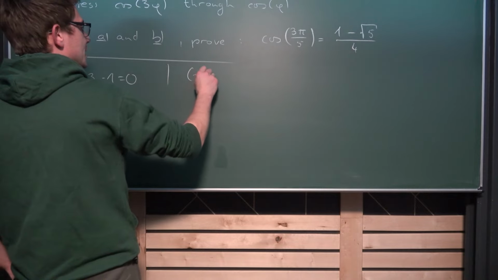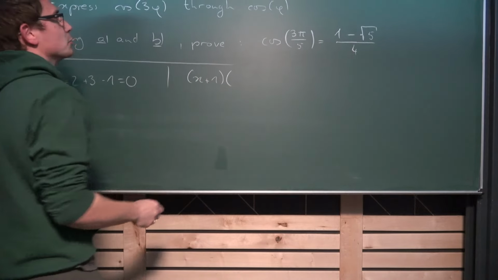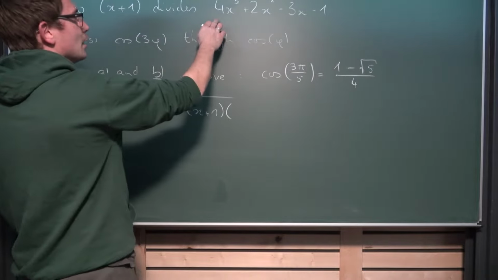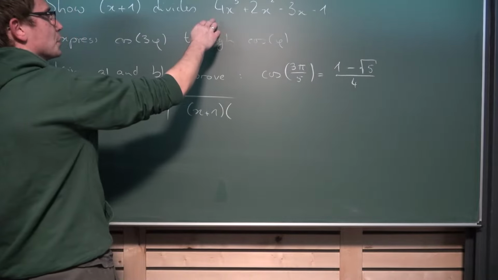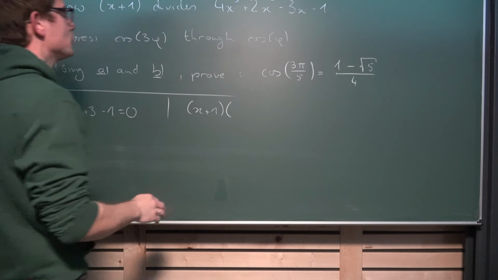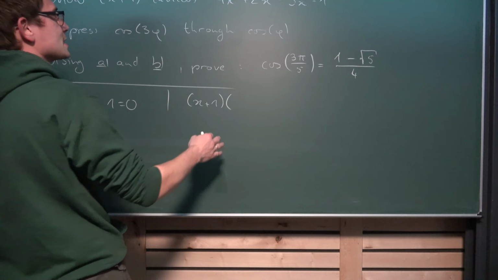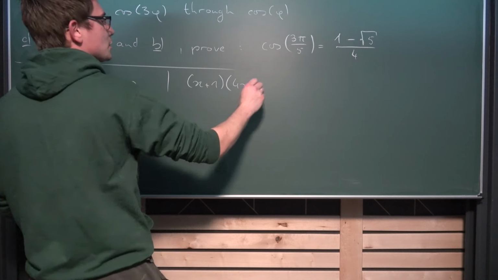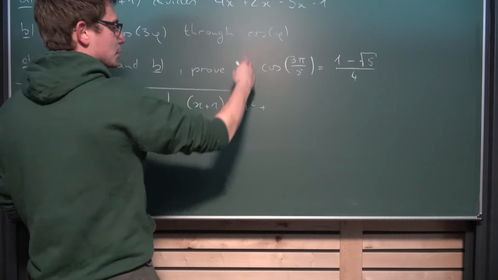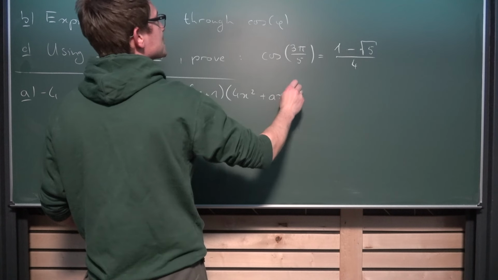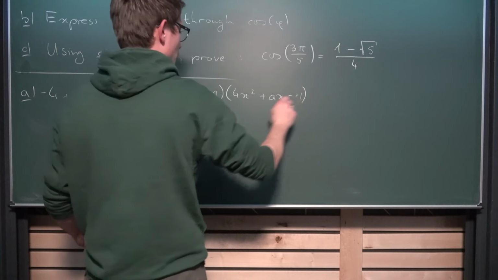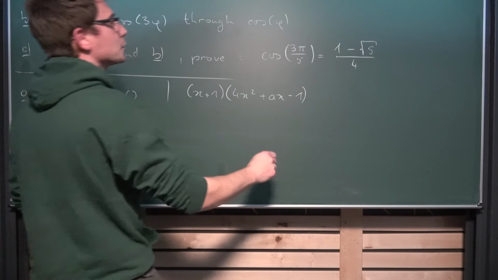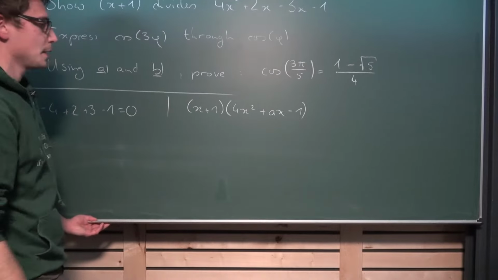So we are going to take x plus 1 and multiply it by a remainder polynomial, which we want to find out what it is, under the condition that it doesn't have a remainder, but if it divides it, then it doesn't have one. So the leading coefficient is 4. So for x squared, we also need something plus. We don't know the coefficient of the x term, plus ax, and then minus 1 overall to get ourselves the negative 1 here.